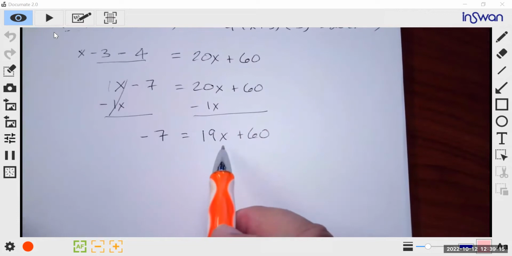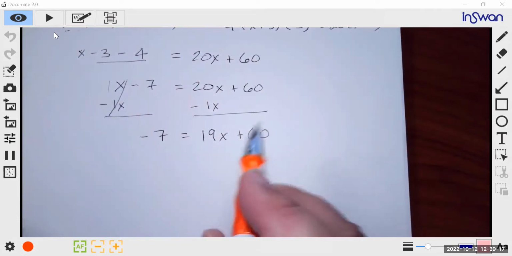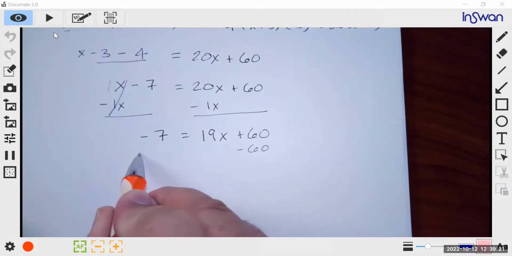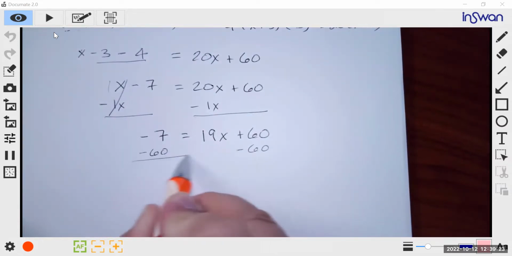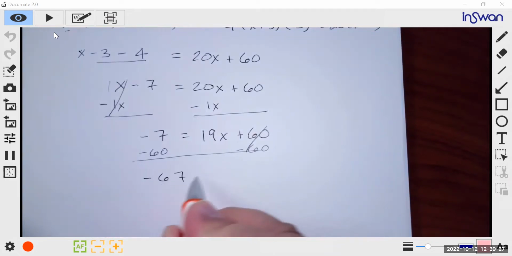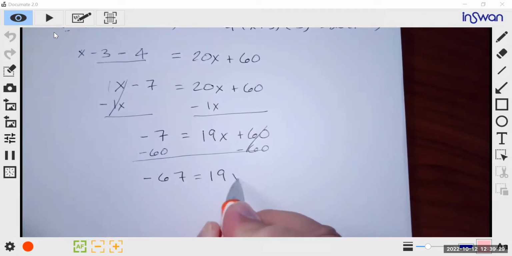Now we have all the x's on one side. Now we get rid of the 60, anything that's not an x. So it's negative 67 equals 19x.